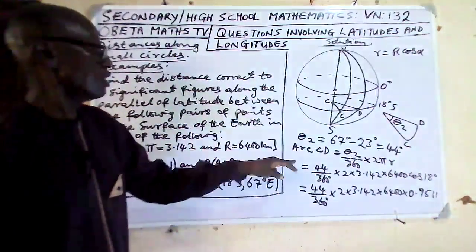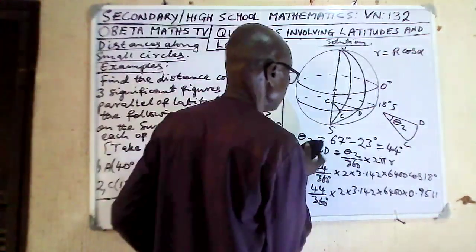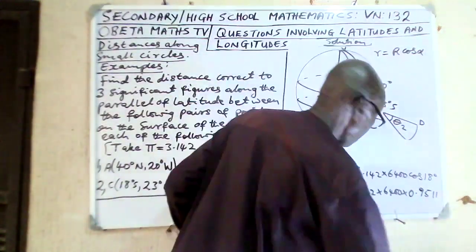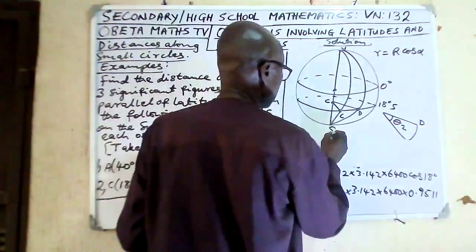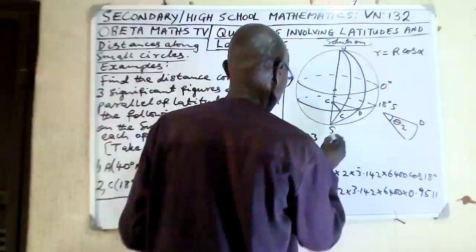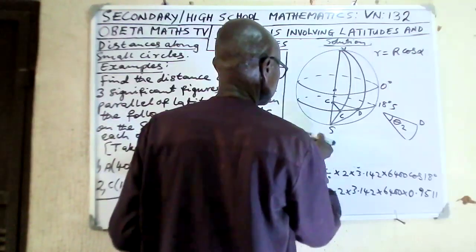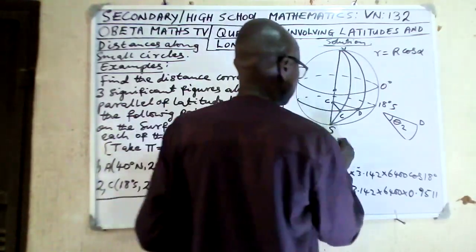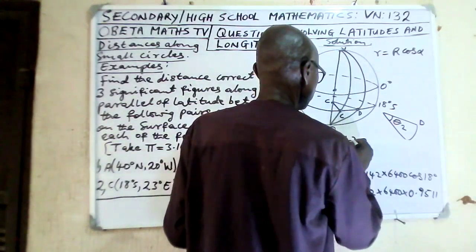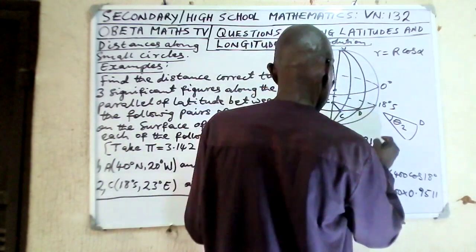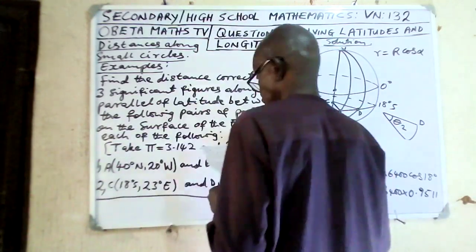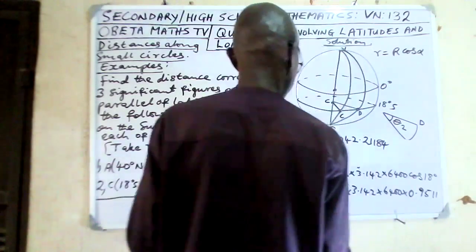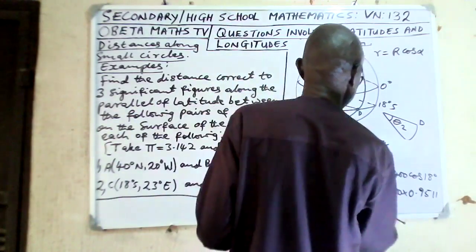So we have seen the steps we have taken so far. So from here we come up a bit. We are dividing by 360.